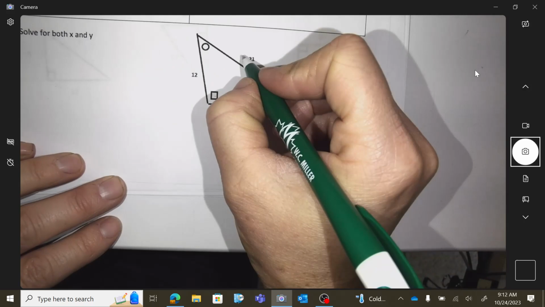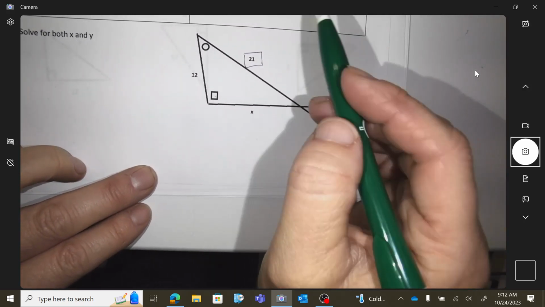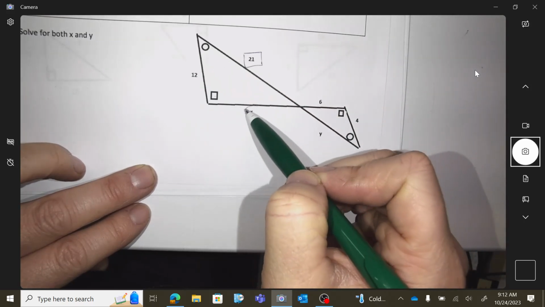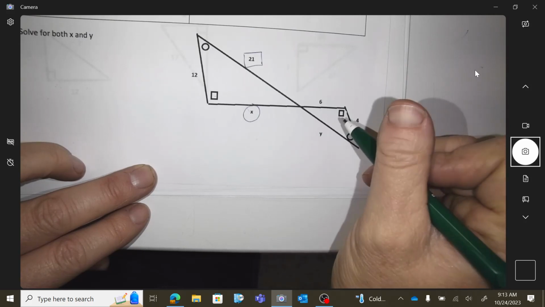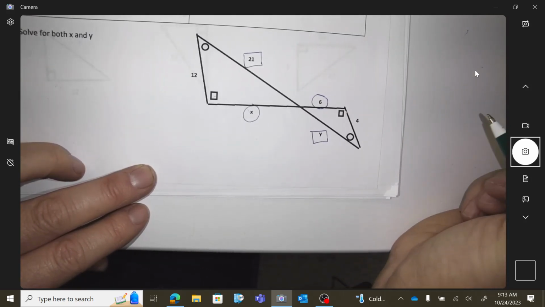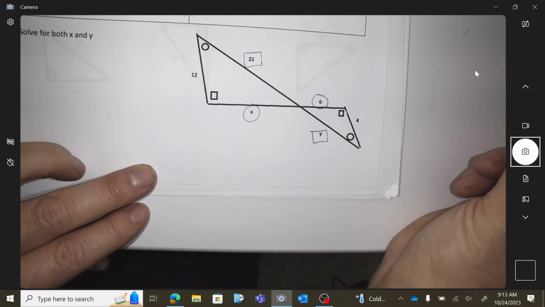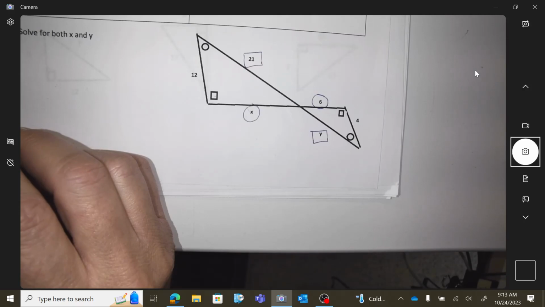For instance, 21 would get a square around it, and x would get a circle. And the 12 and the 4 would match up.